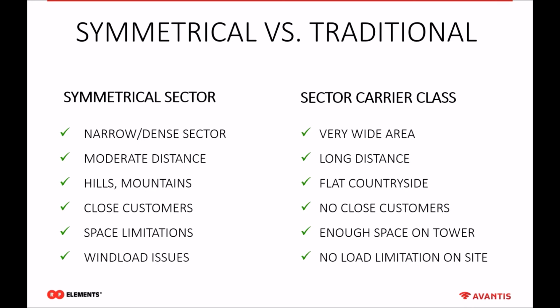Regarding the distance and hills and close customers, I already mentioned it. Also the antennas are small, so you can place them on a tower when you are facing a space limitation or a wind load issue, because compared to the traditional sector antenna, they are small, so you will not have that wind load problem.